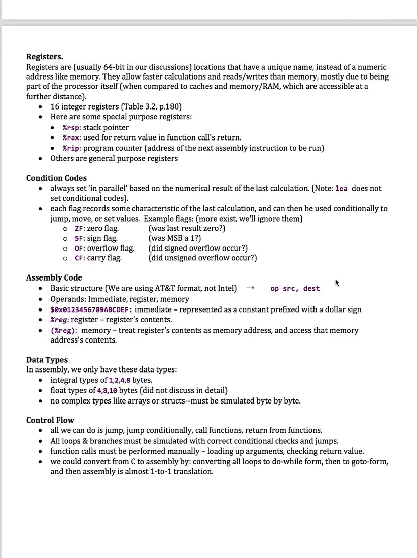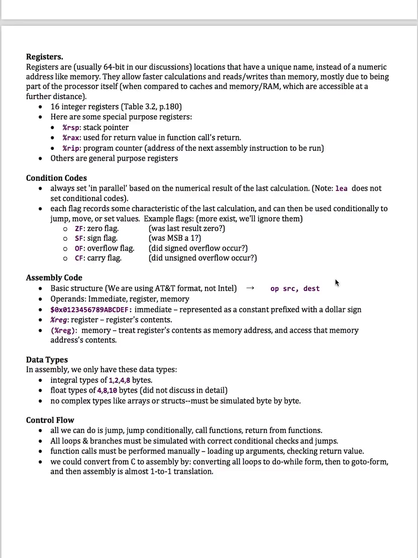So before doing computation, every value or every piece of data is copied to a register and then computed from there. We mostly looked at the 16 integer registers as shown in our textbook, page 180, Table 3.2.